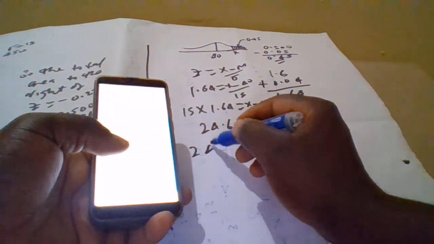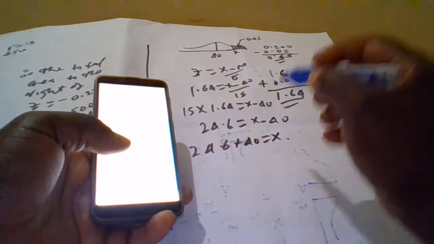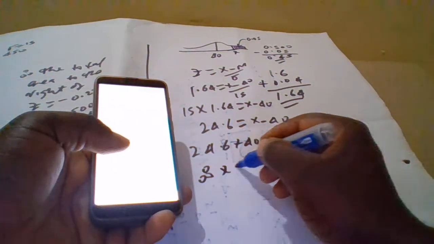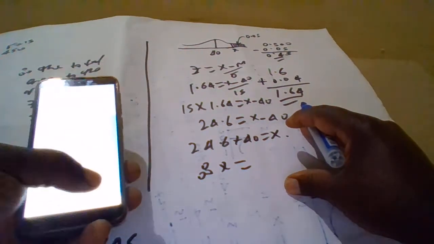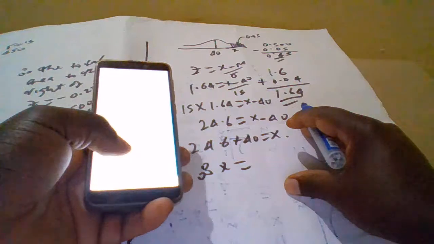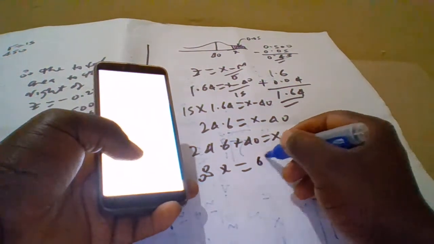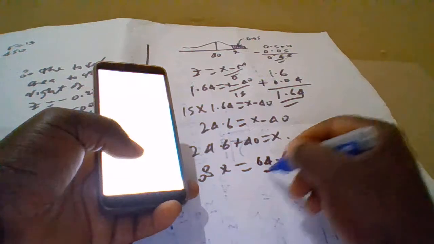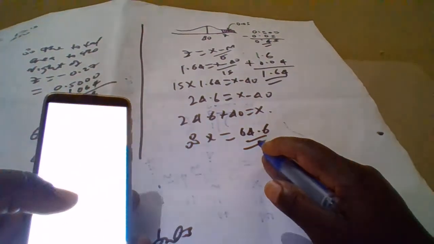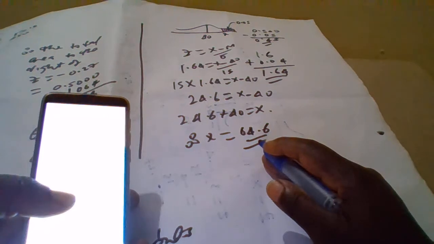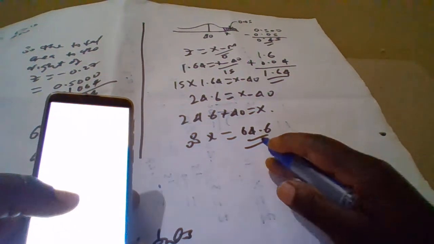So 24.6 plus 40 equals X. Therefore, X equals 64.6. Thank you for watching and listening. Bye bye.